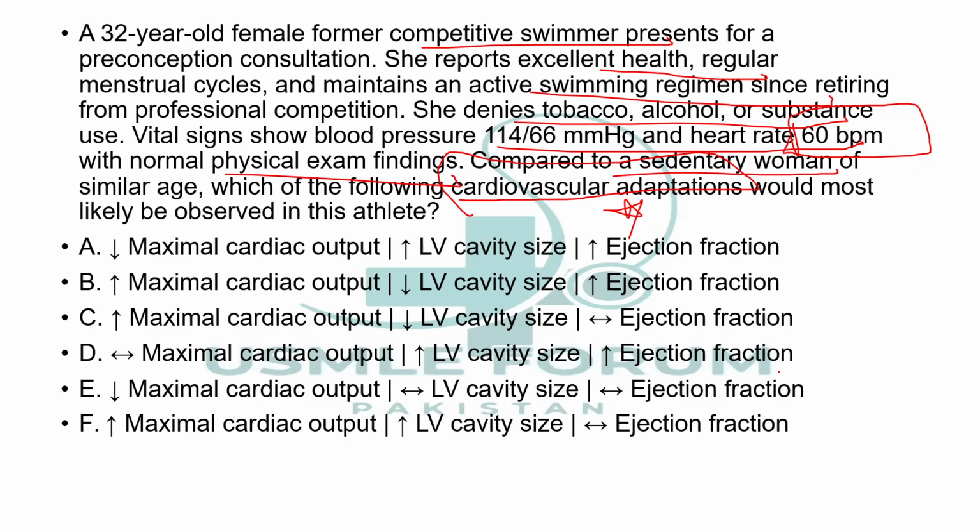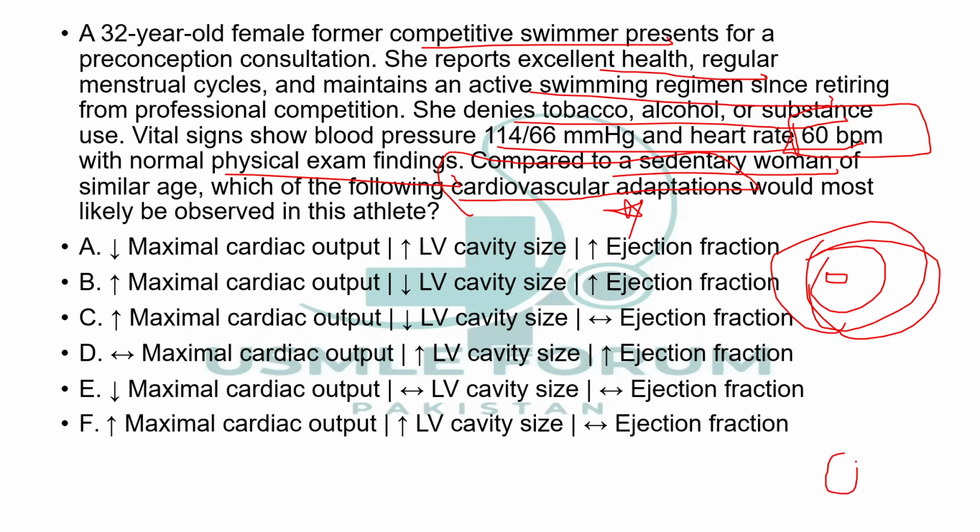So what happens is there is concentric hypertrophy, right? This is concentric hypertrophy, and this looks more like eccentric, but you understand. And this is eccentric, right? This is dilated cardiomyopathy.